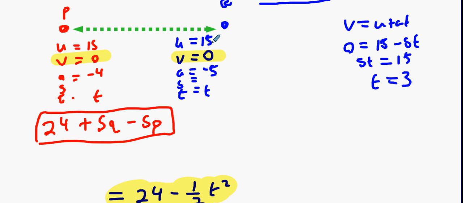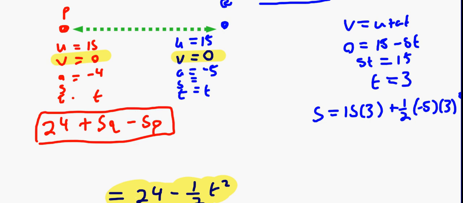I could have used v squared equals u squared plus 2as, couldn't I? I could have got the answer directly if I wanted. Anyways, let's do it this way. s equals ut plus a half at squared. Lob all that into the calculator.